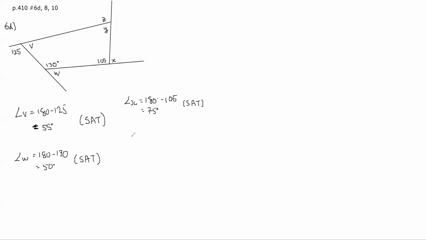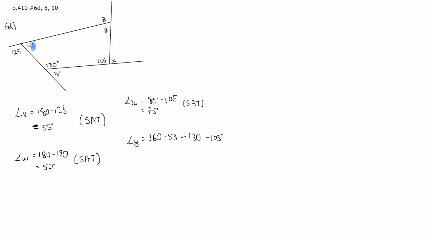Okay. Lastly, angle Y is going to be 360 degrees minus 55, angle V, minus 130, that's right here, minus 105, which is right here. Let me draw that out as a kind of a highlighter for you.